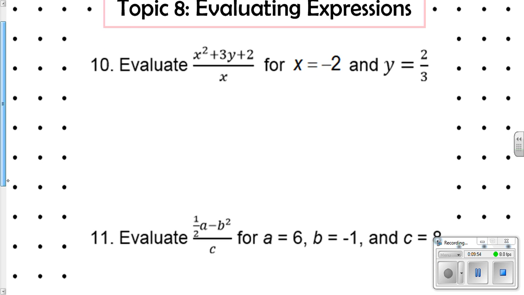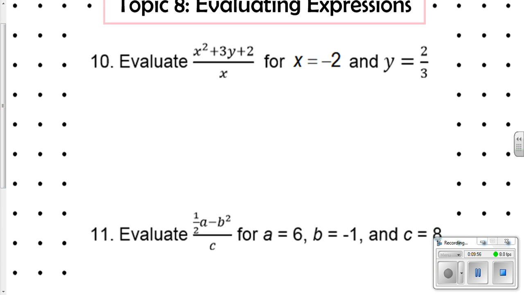Okay, so here's a couple more. It gives you a fancy looking fraction, and they tell you what both x and y are. So I'm going to plug these numbers in blue and write the rest of the problem in a different color. So x is -2. I put that first because there's an x first up in my problem. But then it's being squared, then it's being added to 3 times, and I come across another variable, y.